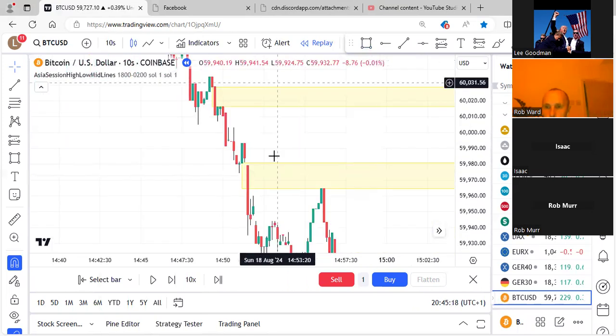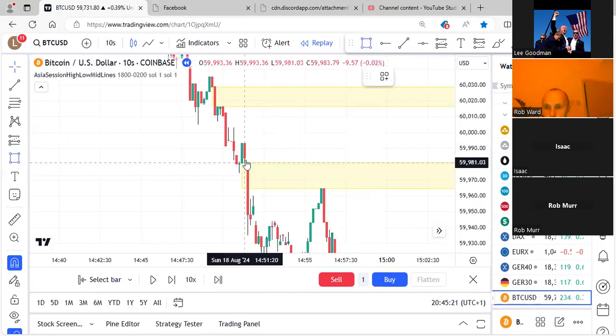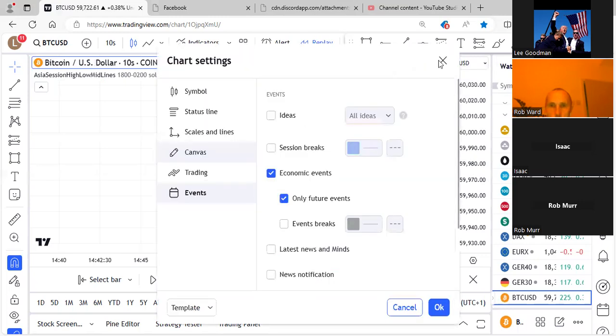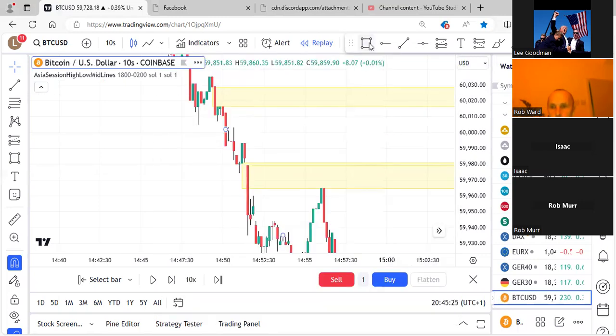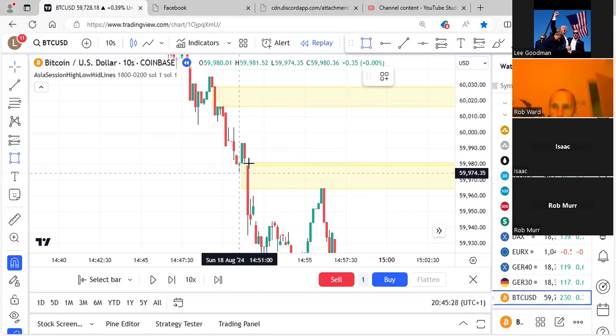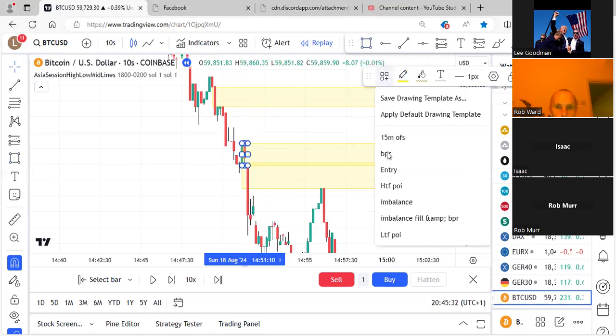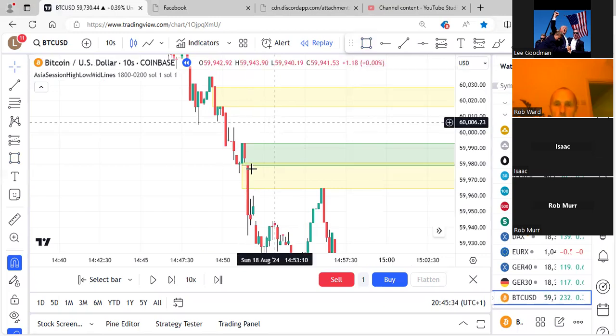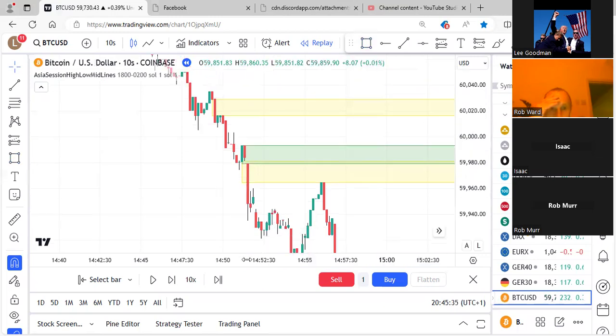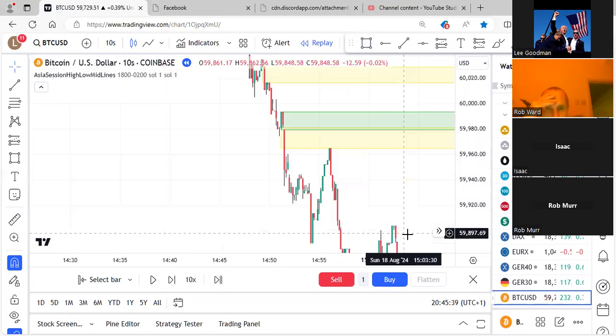So if I was looking for a sell from this area, I'd be definitely looking at that there. I don't think it actually reaches the zone, to be honest, so it does miss it, but I'll get onto that in a minute.